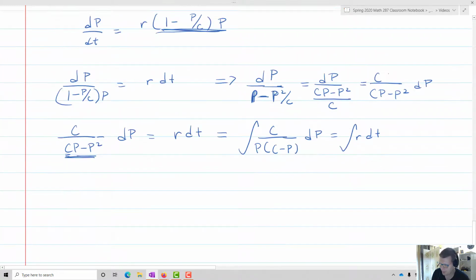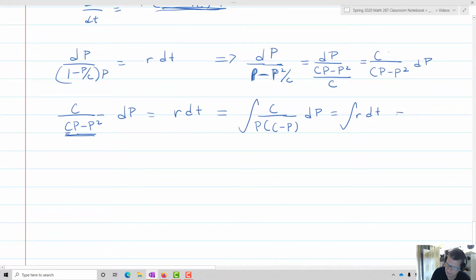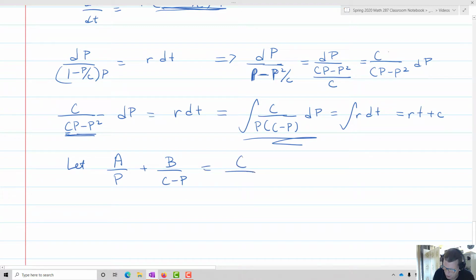Okay, so fully separated. The right-hand side is just going to end up being rt plus some constant c. Now, for the left-hand side, we're going to have to use partial fractions in order to do this. So I'll let a over p plus b over c minus p equal c over p times c minus p.